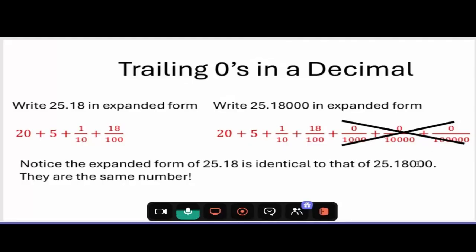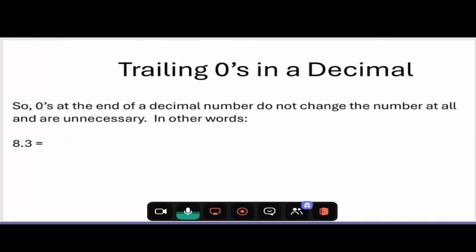Those extra zeros after the decimal place at the end, trailing zeros we call them. The zeros at the end, so there are no non-zero numbers occurring after them. Trailing zeros after the decimal don't actually change the number. So zeros at the end of a decimal do not change the number at all and are unnecessary.